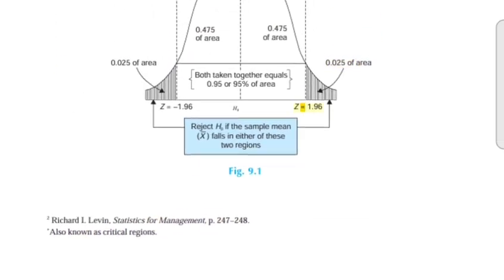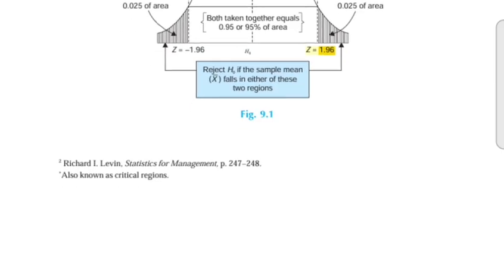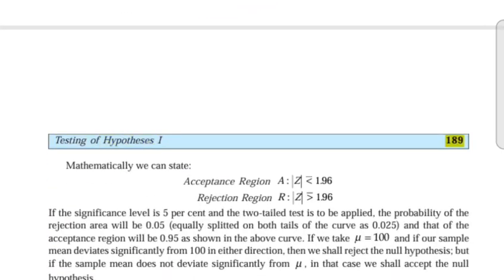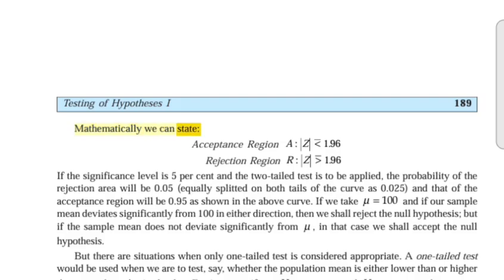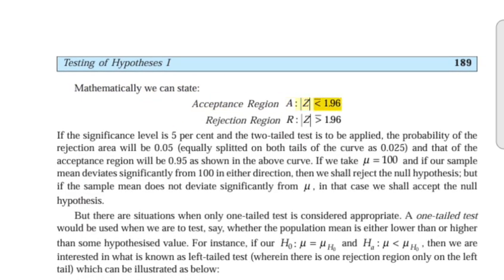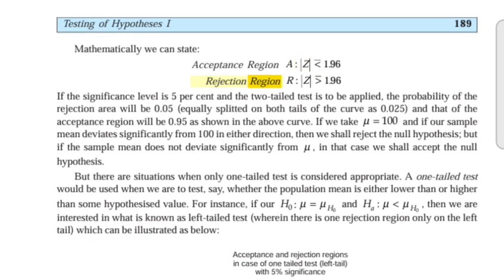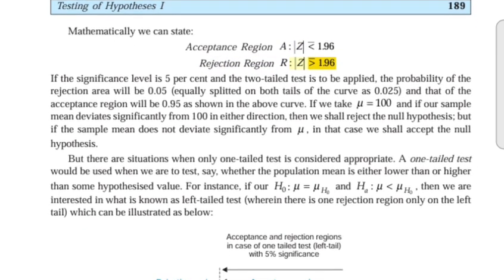Mathematically we can state: acceptance region |Z| less than 1.96, rejection region |Z| greater than 1.96.